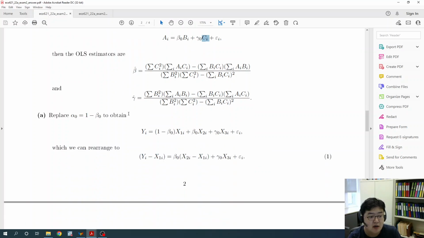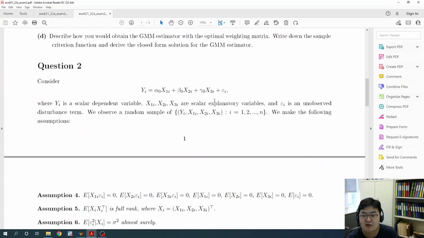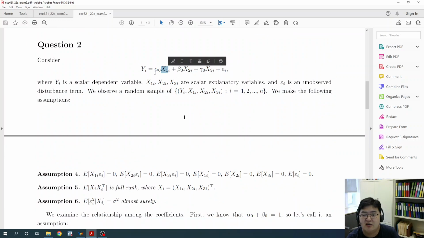Unrestricted model first. Let's look at the question. There are 3 coefficients, alpha, beta, gamma, and everything else is simple: mean 0, all exogenous, full rank, and homoscedasticity.